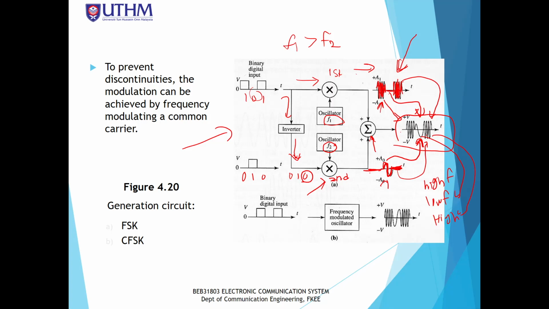For the input logic 1, it will produce a high frequency. For the input logic 0, normally it will produce the low frequency output signal. This is different from OOK or ASK, where we have an output signal and then turn off, and then output signal and then turn off. For FSK, it will produce the output difference in terms of frequencies.